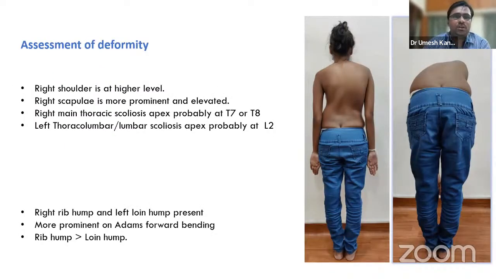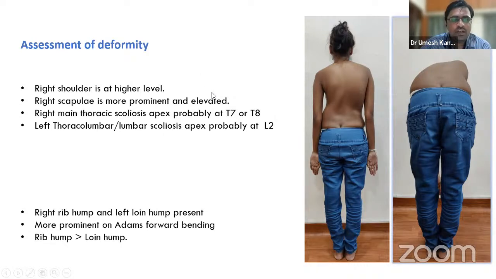On assessment of deformity, the right shoulder is at a higher level, sir. Right scapula is more prominent and elevated. Right main thoracic scoliosis present with apex probably around T7 to T8, and left thoracolumbar or lumbar scoliosis apex most probably around L2 and L3.